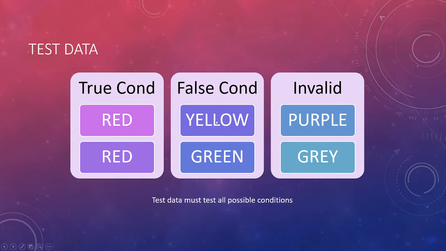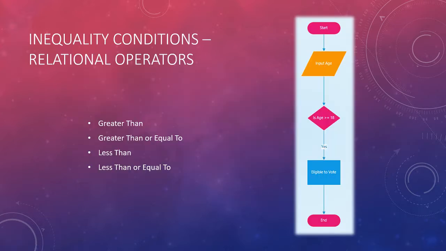We'd want to test with yellow to make sure that we got a false. We'd want to test with purple. What are we going to do there? Well, I don't know. We're not going to get anything, huh? And our test data really needs to test out all these conditions. And as you can see, we might duplicate some of those values so that we make sure we're getting consistent results. We can't just test it once and be done.